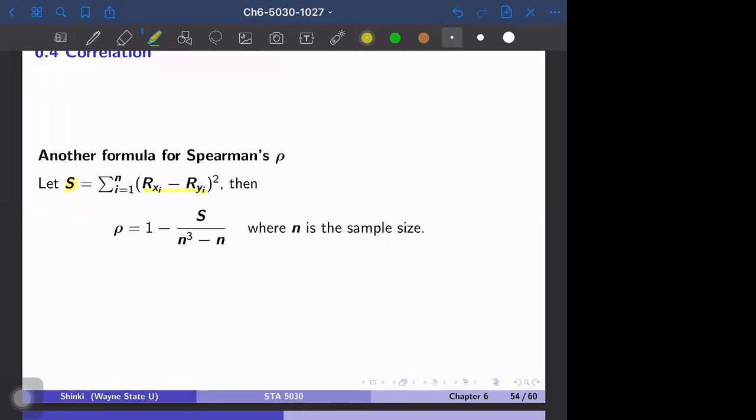For example, if we have all observations in the same order like this, then S is equal to 0. If S is very large, maybe this case it's largest, then S is very large. And rho is actually 1 minus S over n cubed minus n, where n is the sample size.